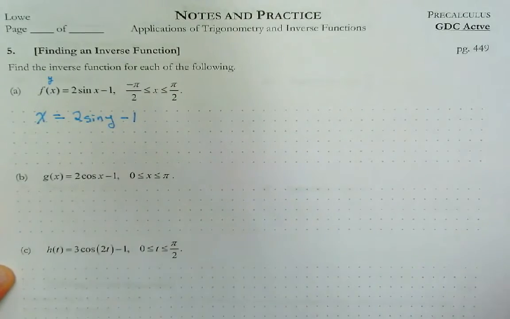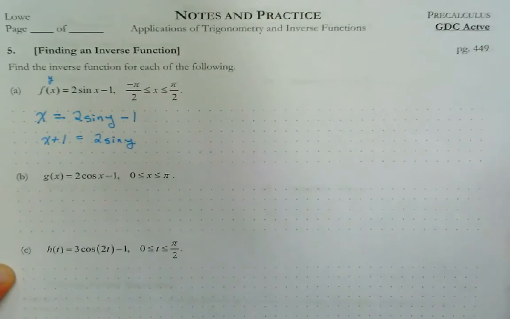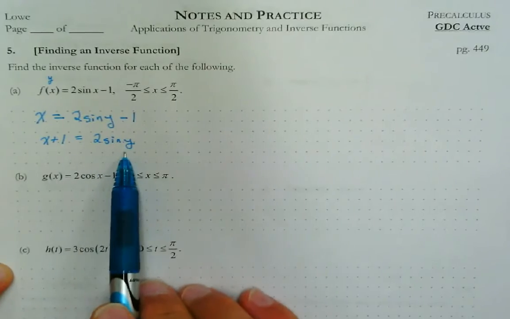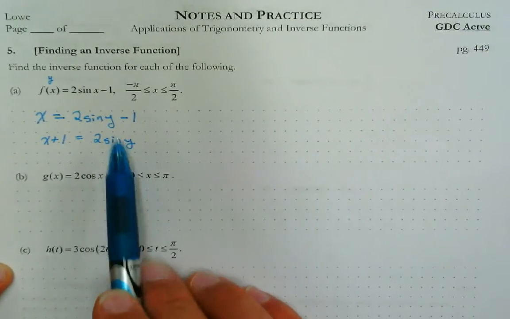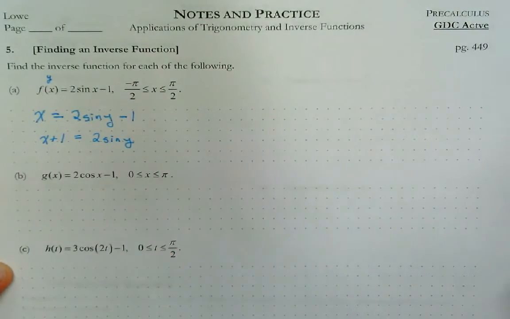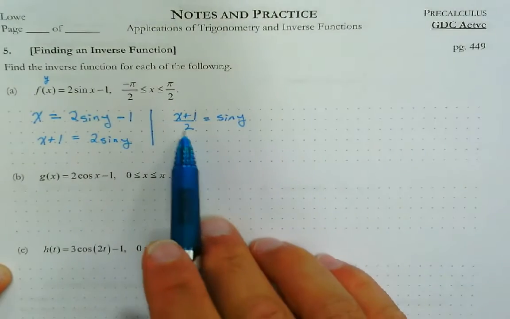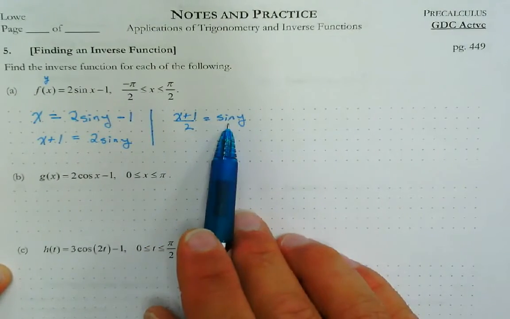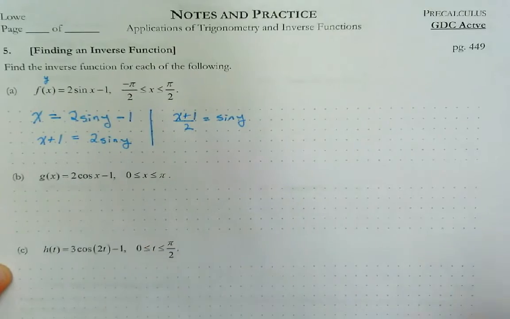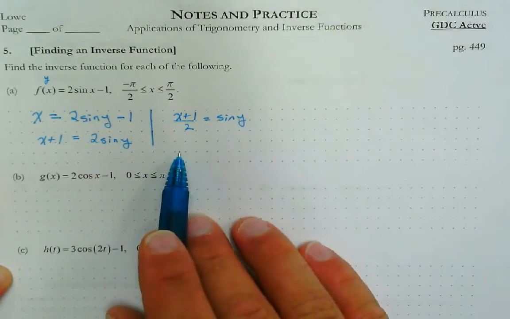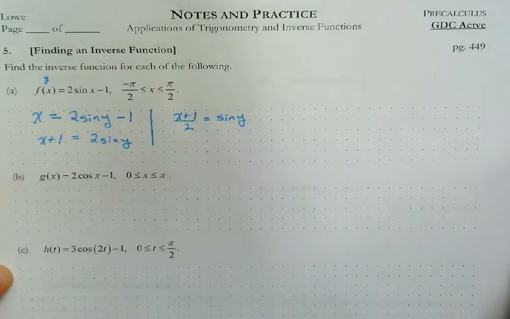So my next step would be x plus 1 equals 2 sine of y, which all I did was add 1 to both sides. And then I could follow that up with x plus 1 over 2 is equal to the sine of y, dividing both sides by 2. And from there, I would have my response.